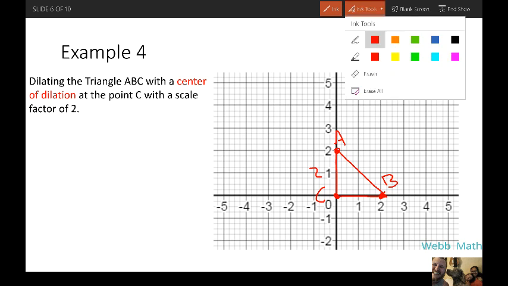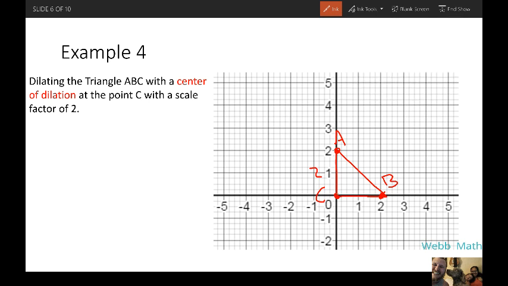So your new triangle, ooh, green's a nice contrast, is going to be twice the length, okay? So your new point for the pre-image point of A prime is going to be at 0, 4 instead of 0, 2.